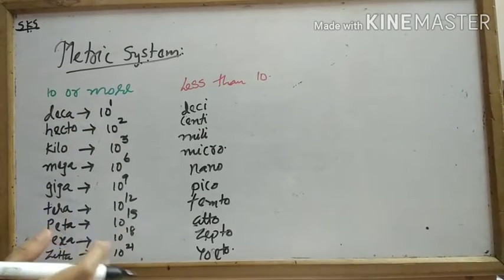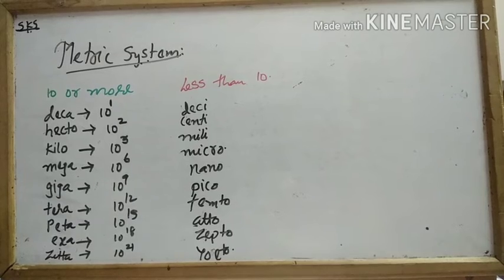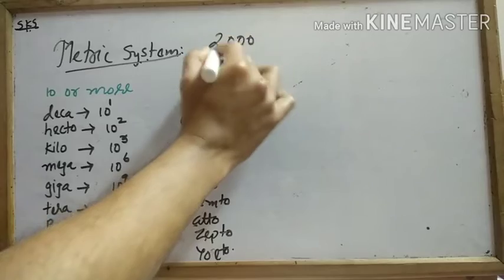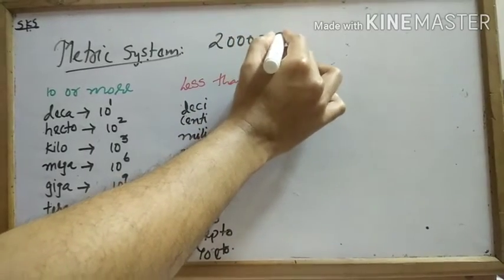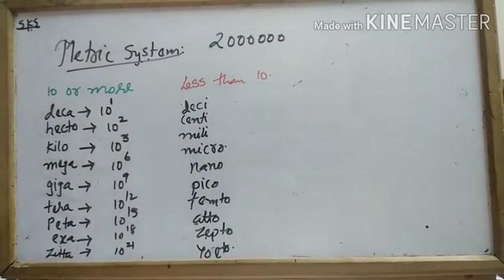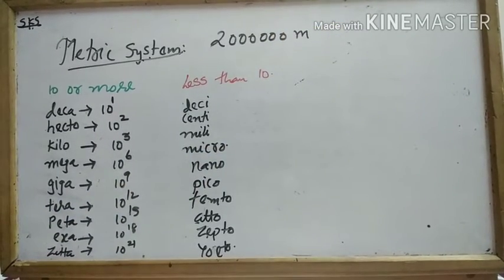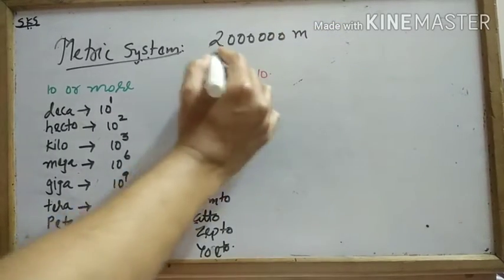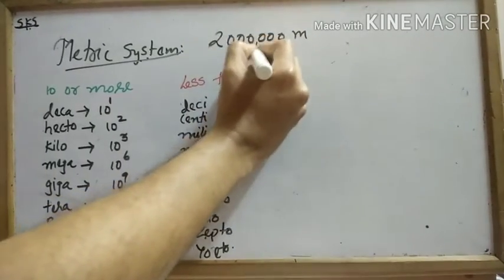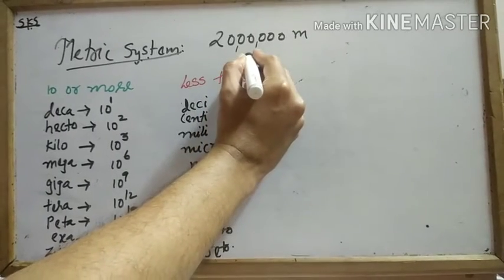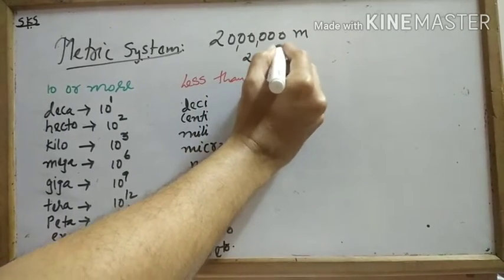If your number is going too high, suppose that it is something like 2 1 2 followed by 3 4 5 6 zeros, something like this, meter, fine. So instead of writing this as 20 lakh meter, physics will suggest you, instead of writing this, I'll be writing down 2 into 10 raised to 6 meters.